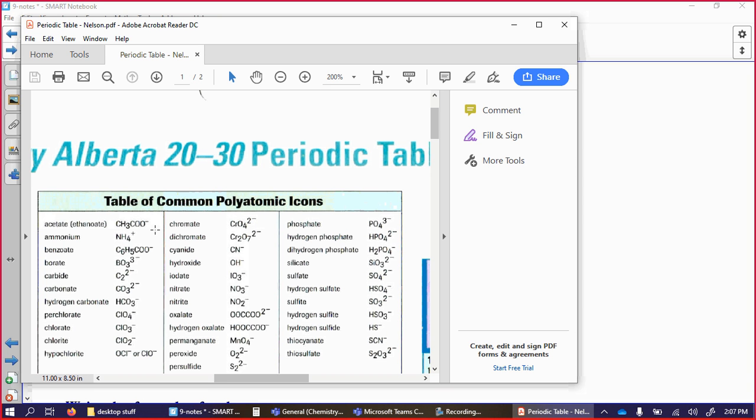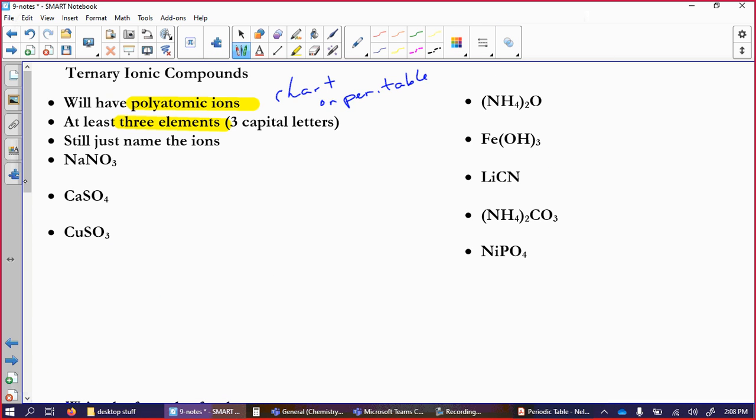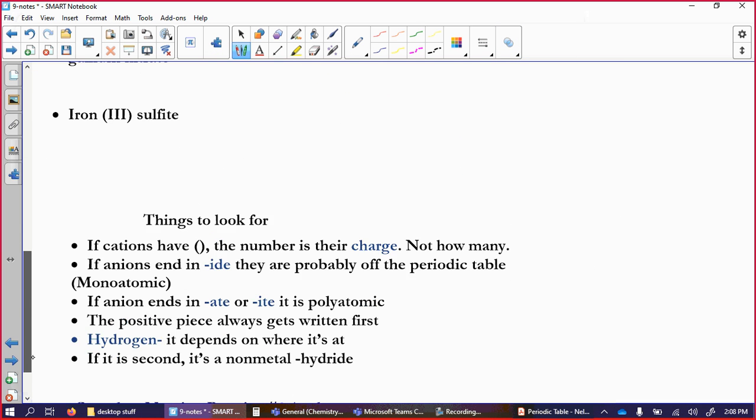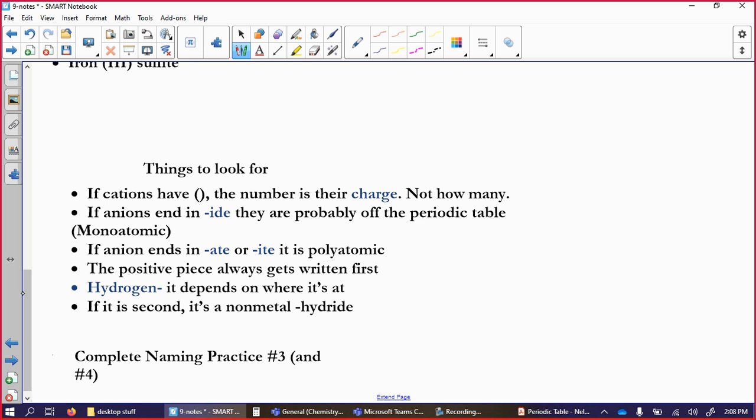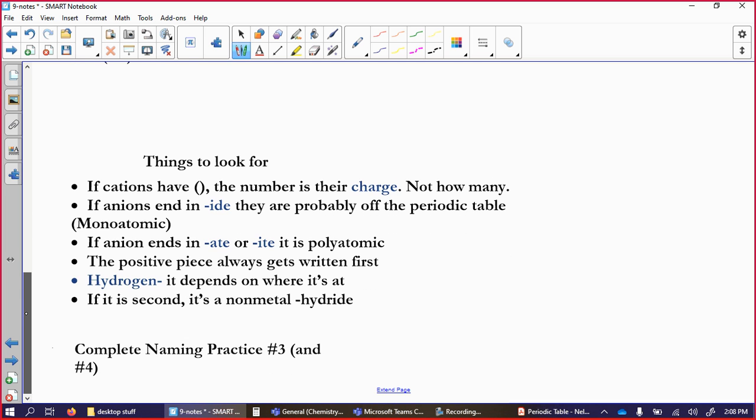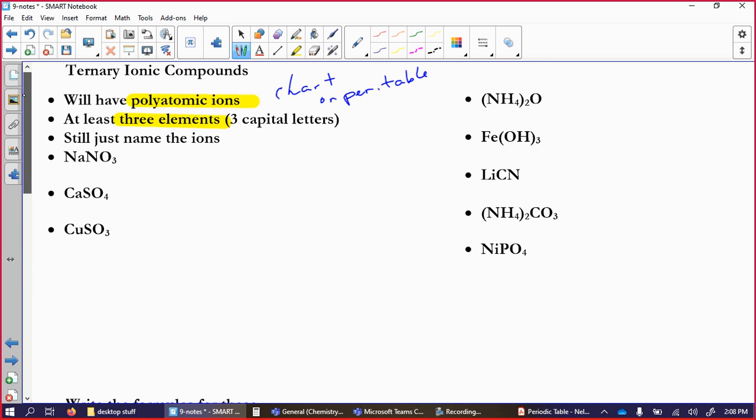The name, the formula, and the charge are all organized, for the most part, alphabetically, except for the ones where you add hypo, per, or hydrogen, where prefix sort of things come in. So there are names and formulas, and some things to look for. Then we'll talk about practice 3 and 4.